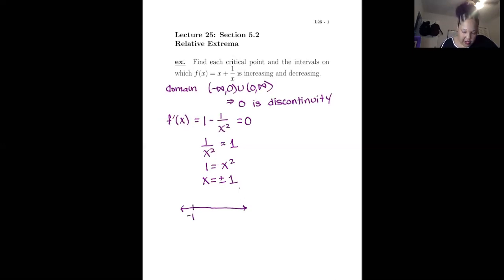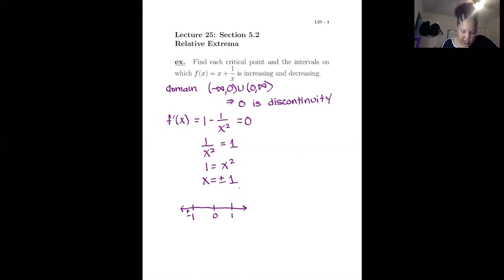Right now, what we do is we put our critical points and our discontinuities on our number line. So I have -1, 0, 1. And then I plug in a number in each interval into the derivative, because the derivative tells me slope. If it's positive, I know it's increasing. If it's negative, I know it's decreasing. If I plug in -2, I'm going to get something that is positive.